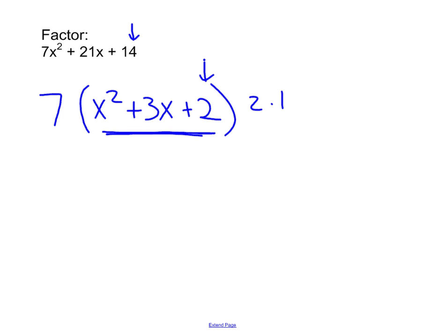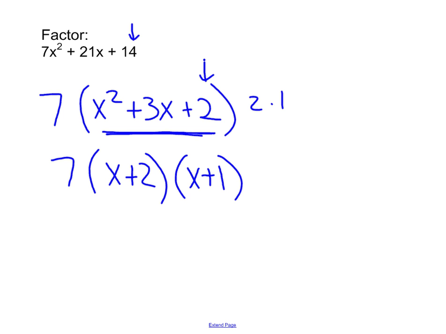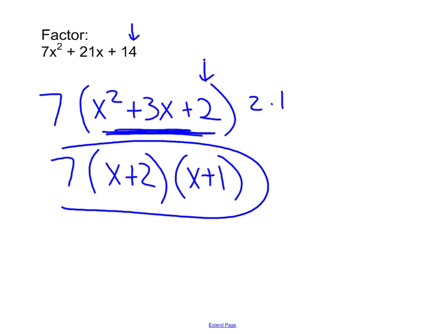Well, 2 and 1 add up to 3. So this will factor into x plus 2, x plus 1. And we have to factor completely. So even if you factor out the distributive property, once you're done, if you can factor the trinomial, then you have to factor that as well. And so this problem is completely factored.